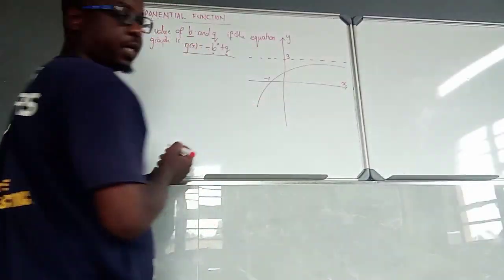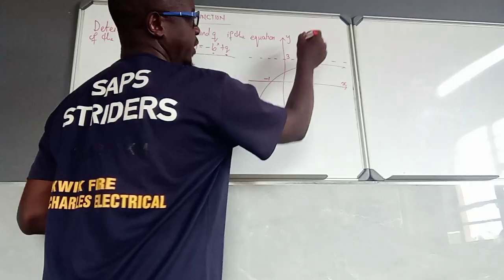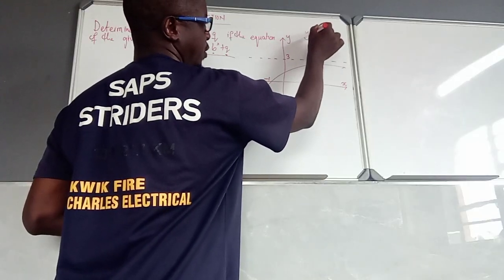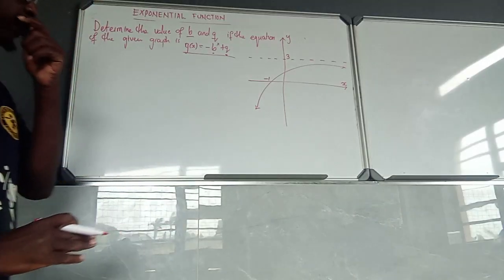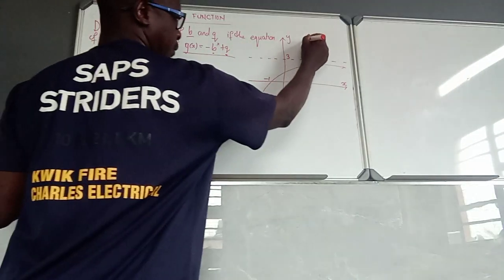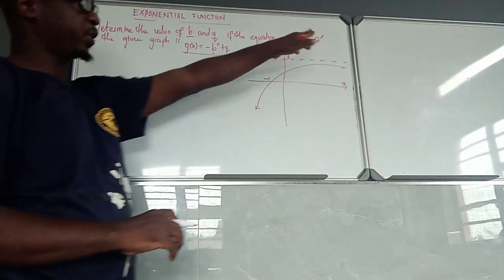So this graph here is obviously an exponential. So for our exponential, y is equal to 2 to the power of x. We're dealing with exponents, powers.